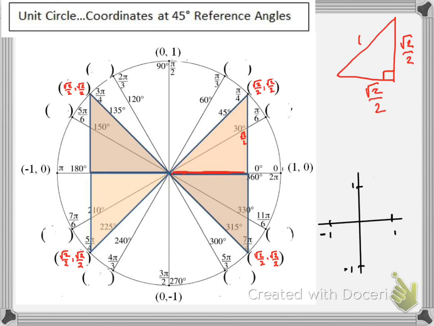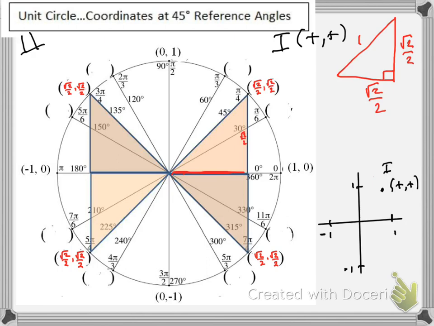Basically, if I chose a point anywhere in my quadrant 1, that one would have a positive x value and a positive y value. Let's put those up here. Quadrant 1 always has a positive x value and a positive y value.